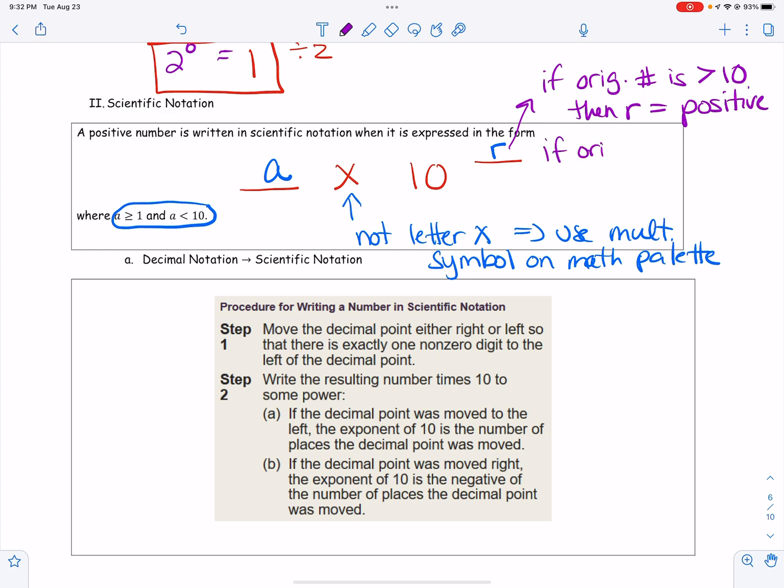If the original number is less than 1, then R will be negative. And it'll be very clear. I mean, it's going to be 17 billion or 0.00000038. It is definitely going to be greater than 10, and it's definitely going to be clear that it's a very small number, less than 1, okay?